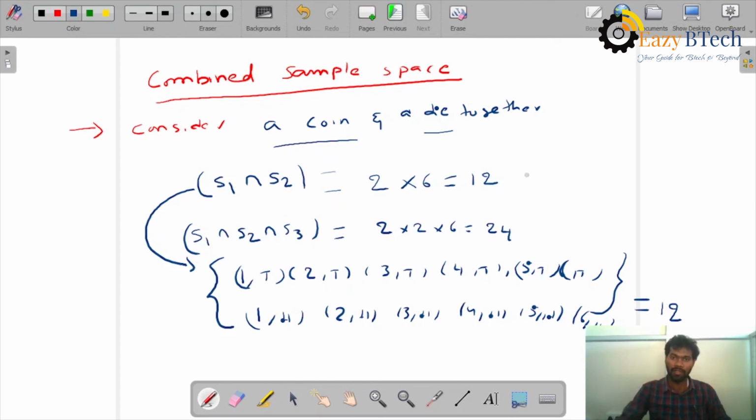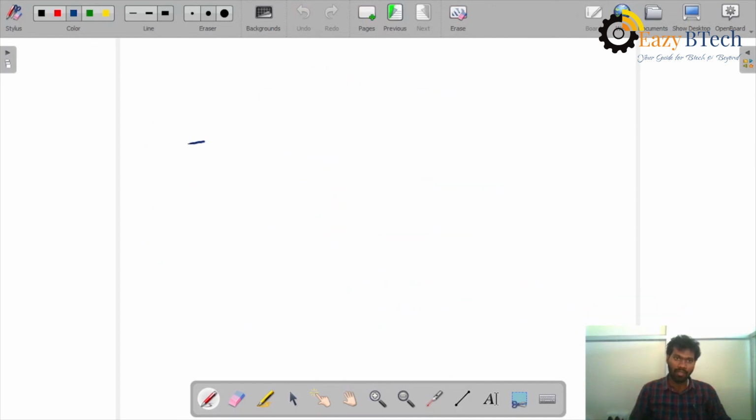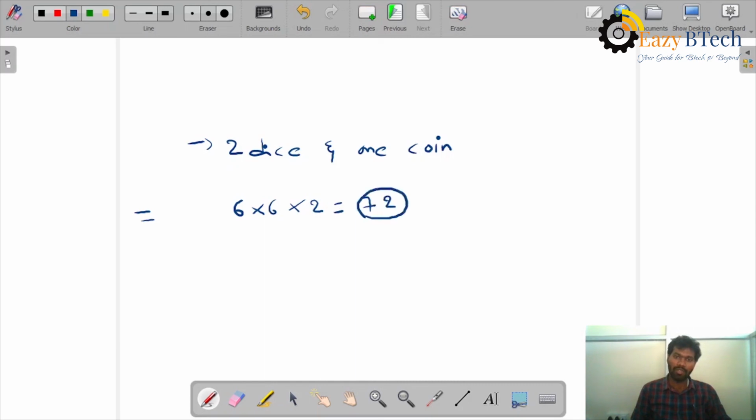For example, if you say I'm rolling two dice and one coin, the total number of outcomes is two dice having 6 into 6, and one coin having 2 outcomes, so totally it is 72 outcomes.